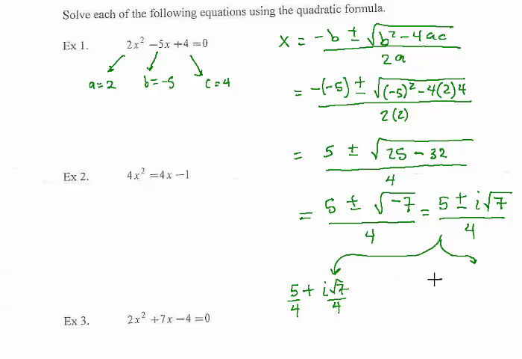And then the other solution would be 5 over 4 minus i square root of 7 over 4. So this is, if we wanted to label them, solution number 1 and solution number 2. And they're both complex solutions.